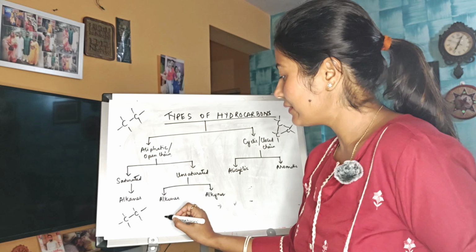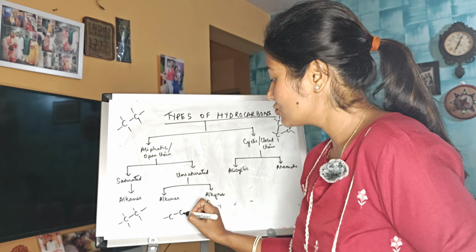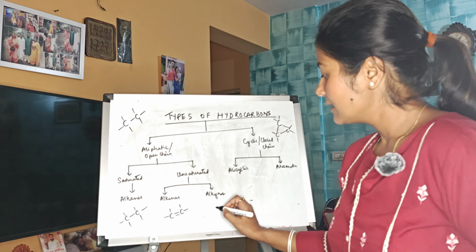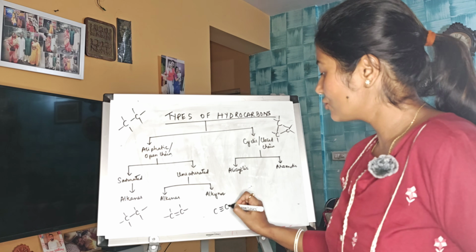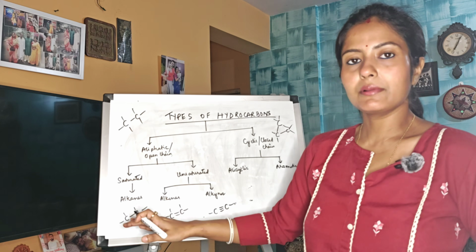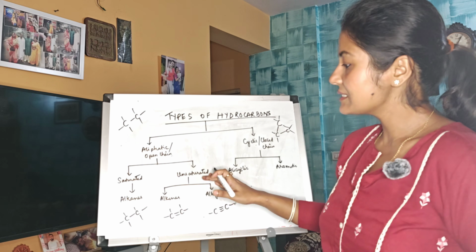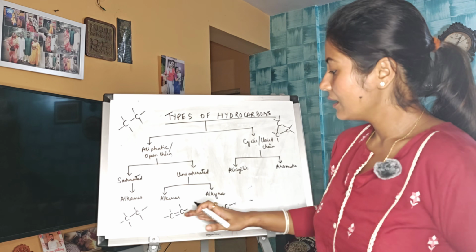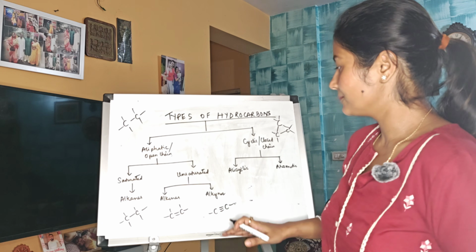For example, in case of alkenes, the carbon atoms are linked to each other through double bonds, and in case of alkynes, the carbon atoms are linked to each other through triple bonds. So saturated means single bond between carbon atoms, and unsaturated means multiple bonds between carbon atoms. So alkenes means double bond and alkynes means triple bond.